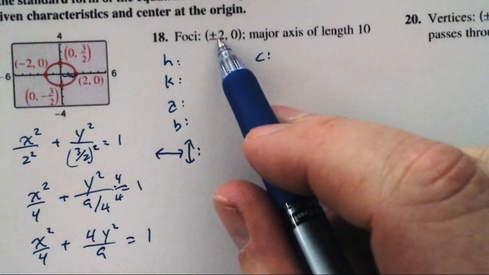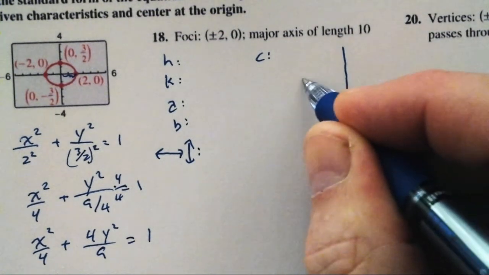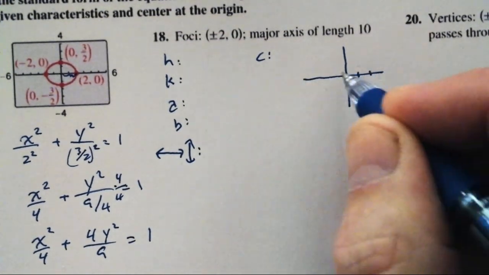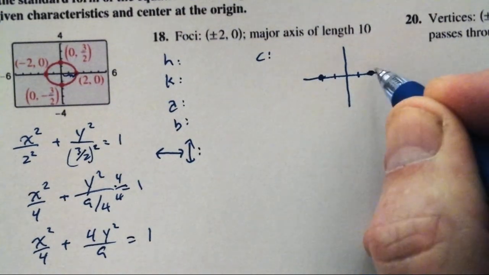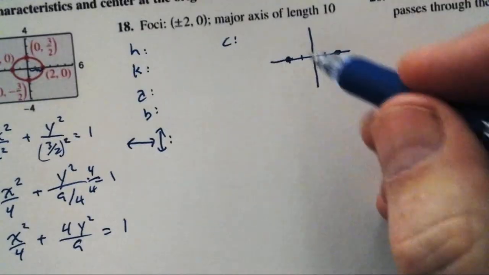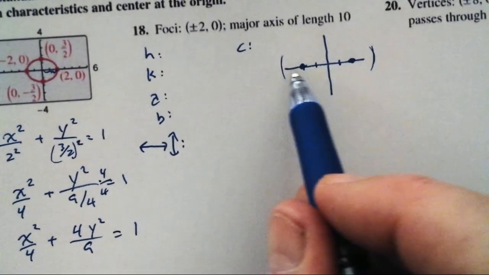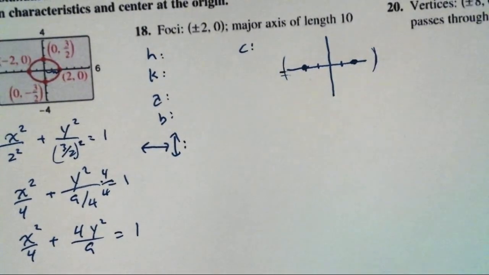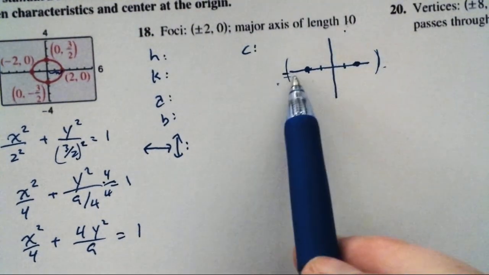So when they give us the foci, if the foci are here, that means, I don't know how wide this ellipse is, but it means the ellipse wraps around there, and this would be our major axis. We don't have the major axis length until we read it up here, and I didn't draw this to scale with that.